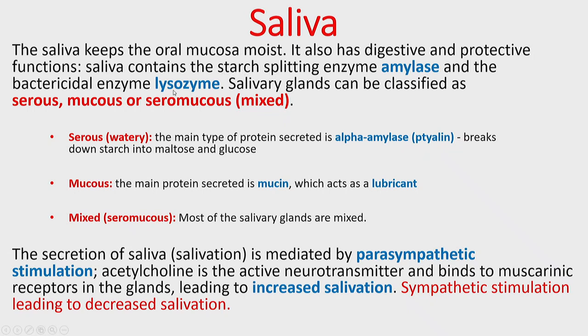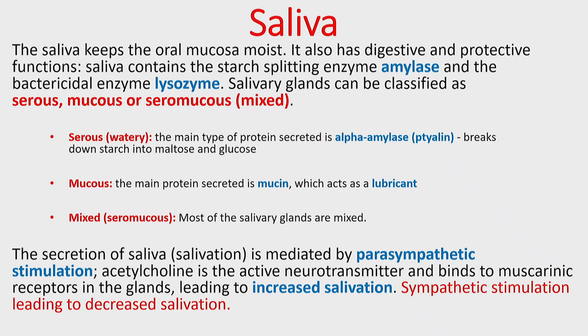Or in saliva, for example, there is the enzyme lysozyme, which has a bactericidal effect. So it can kill some microbes or bacteria that you can take in with the food into your oral cavity.